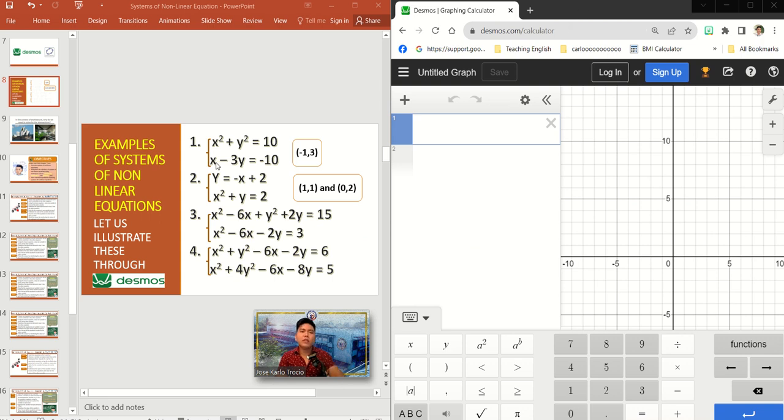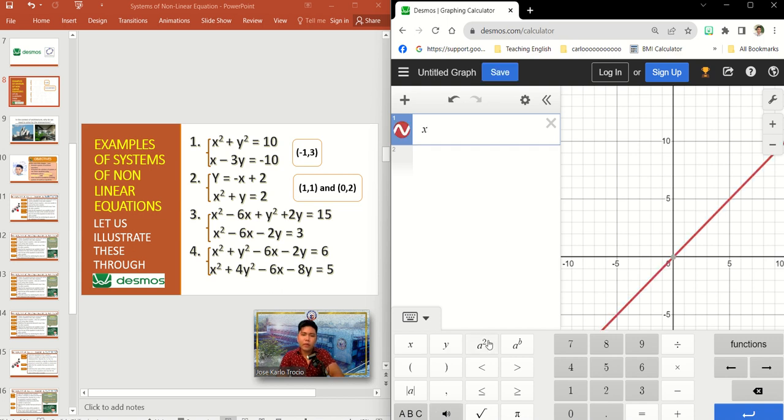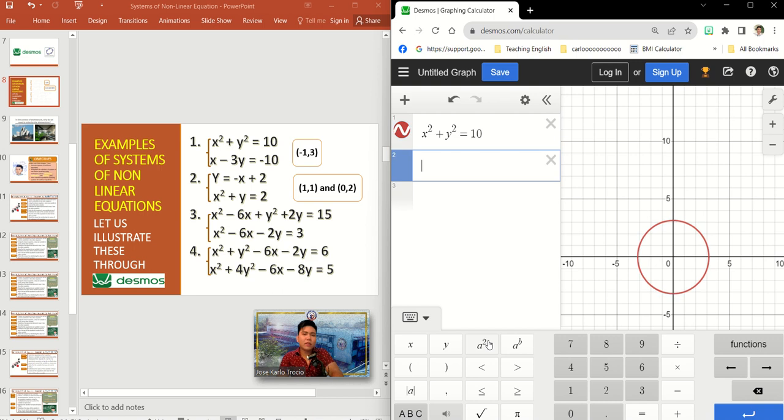So let us try to see the solutions of these sets of equations. In number 1, x squared plus y squared equals 10, and the other one. So you're just going to type it in, like this: x squared plus y squared equals 10. That looks like a circle, and the other one, of course, could look like a linear equation.